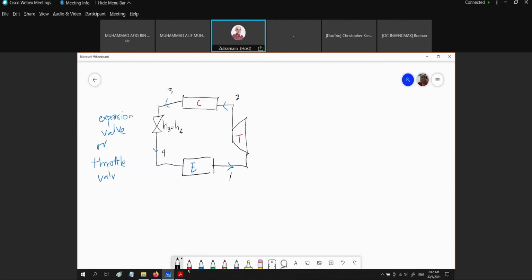So when we change the expansion engine to a throttle valve, the whole cycle is no more a reverse Carnot cycle, but is called the vapor compression refrigeration cycle, which I usually refer to as VCRC.